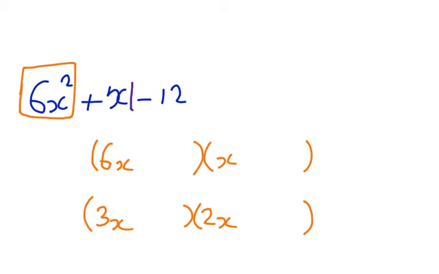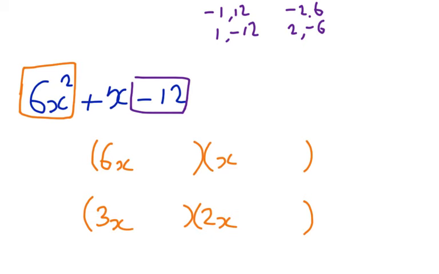Also, this one is a bit more complicated because minus 12 can be made in lots of different ways. It could be minus 1 and 12, 1 and minus 12, minus 2 and 6, 2 and minus 6, or minus 3 and 4, and 3 and minus 4.